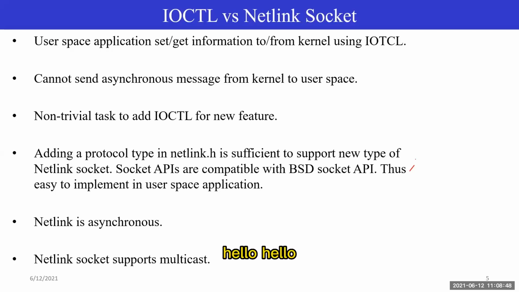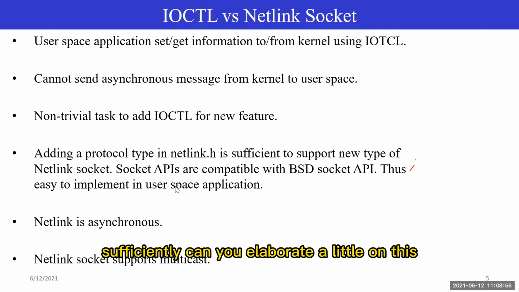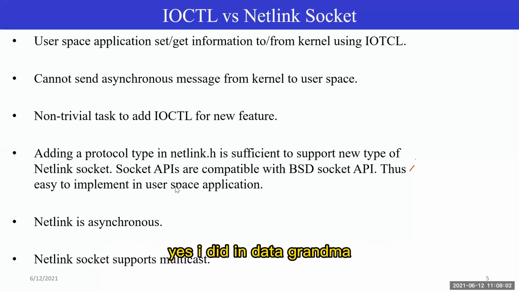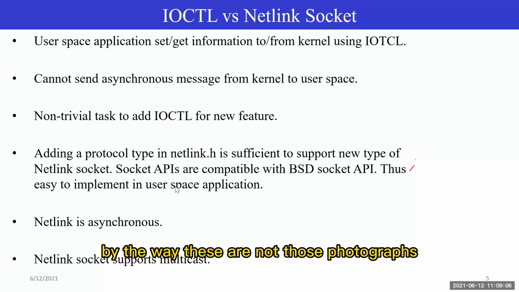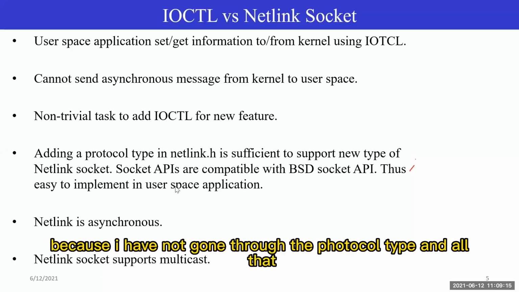I have one question. Point number 4, it's written adding a protocol type in netlink.h is sufficient, right? Can you elaborate a little on this? The default protocols will already be there, right? The datagram, and TCP, and the raw. What do you mean? These are not those protocols, by the way. Actually, your question is right, but at this point of time I have not gone through the protocol type and all that.